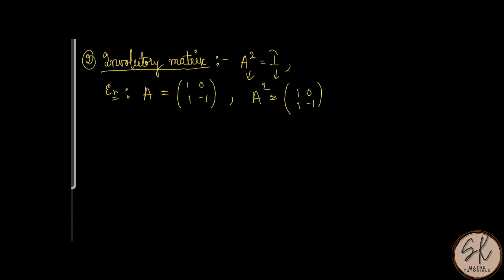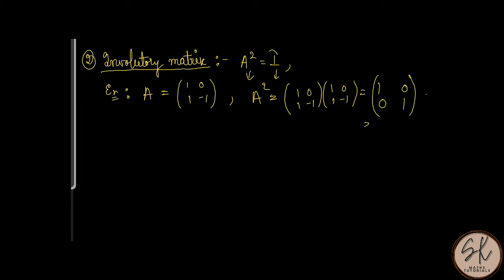[1 0; 1 -1] into [1 0; 1 -1], which is equal to, first row into first column, 1; first row into the second column, that is 0; second row into first column, that is 1 minus 1, 0; and second row into second column, that is 1.